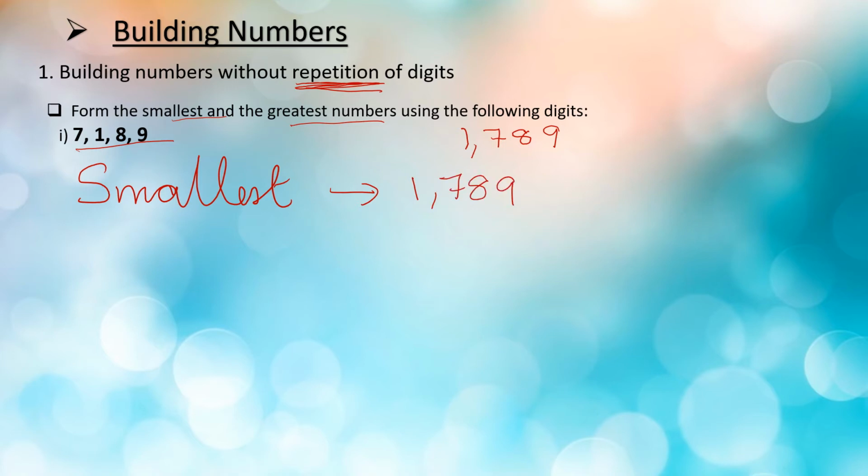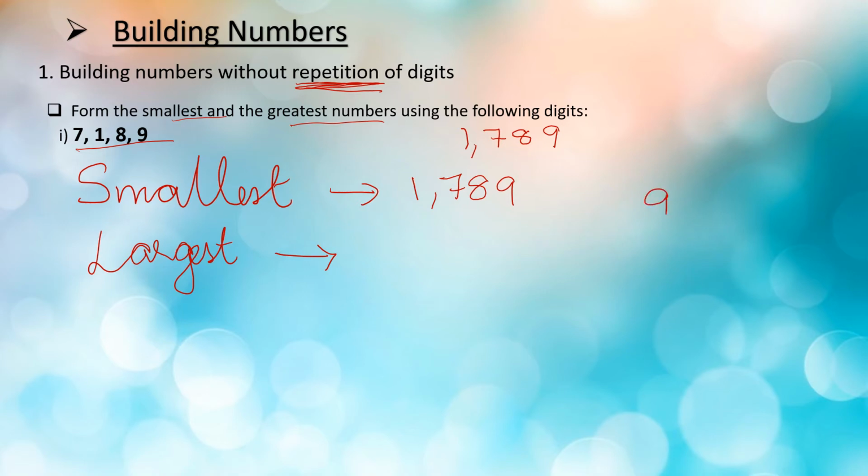Understood? Just like that, to form the largest 4-digit number, can you give it a try? You will have to arrange these digits in descending order. What do you mean by descending order? You have to arrange these digits from largest to smallest. Which is the largest among the list here?